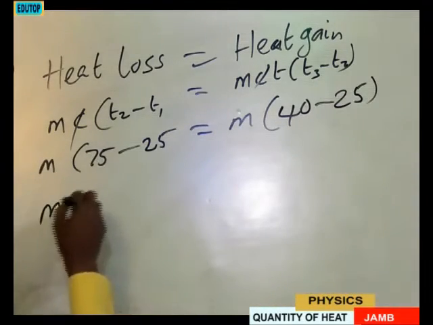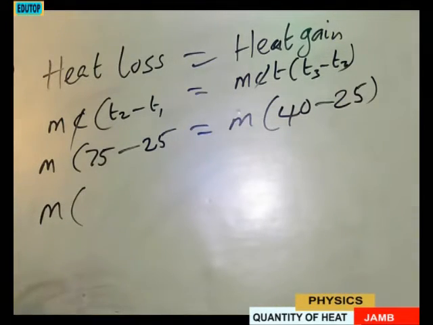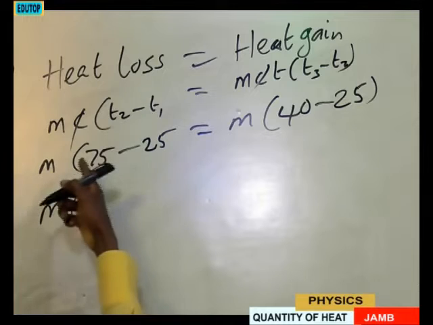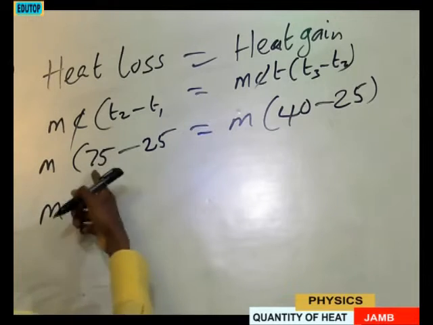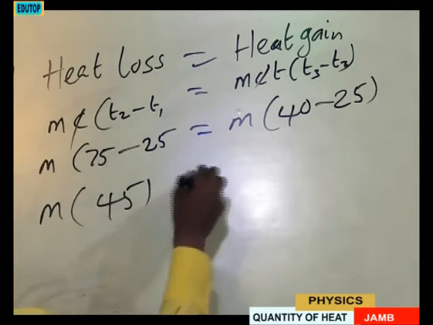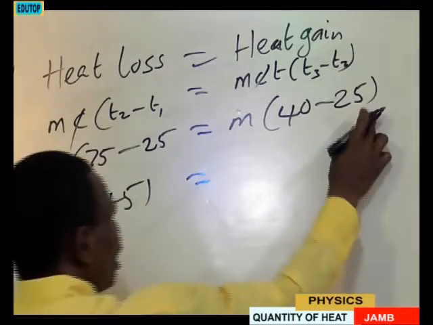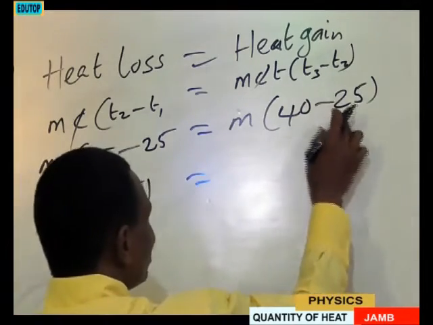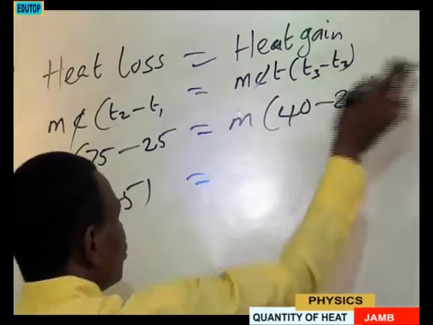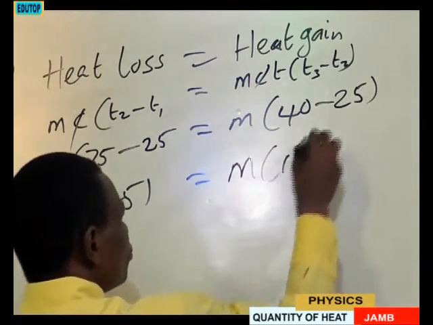So what I'm going to have now, 75 minus 25, that is 50, and 40 minus 25, that is 15.